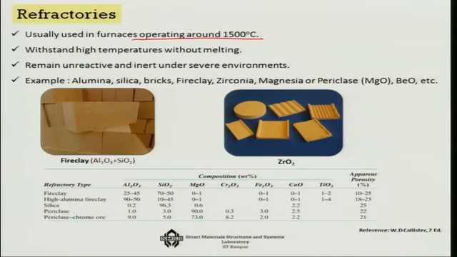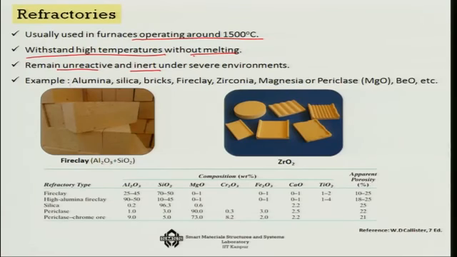As I told you, they can withstand very high temperature without melting, and they remain unreactive and inert under severe environments. That is why, in addition to not getting molten, that inertness makes it suitable for many processes where corrosive chemical environments are generated.